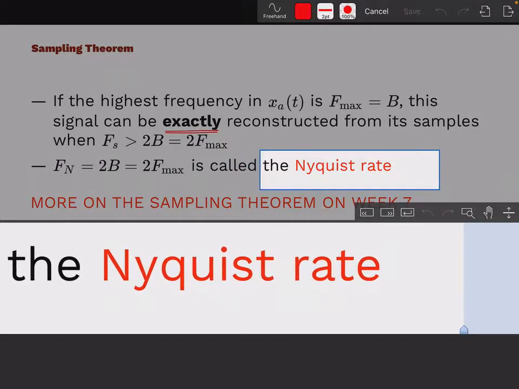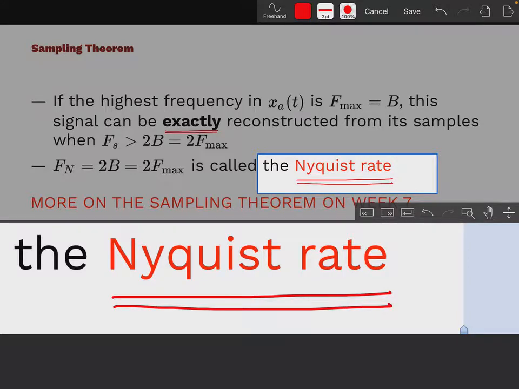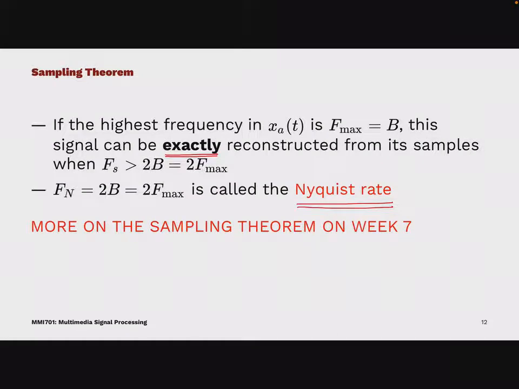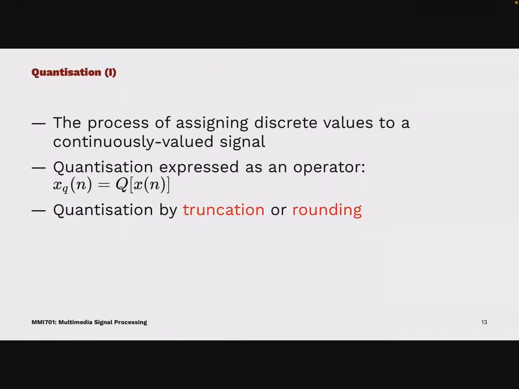One is exact reconstruction, what the sampling theorem says about exact reconstruction, and the other is the term Nyquist rate, which is twice the maximum frequency contained in the analog signal. Okay, so much for the sampling theorem, and our next topic is quantization.